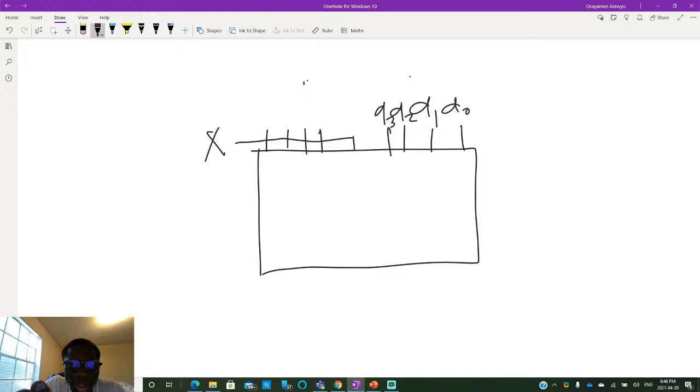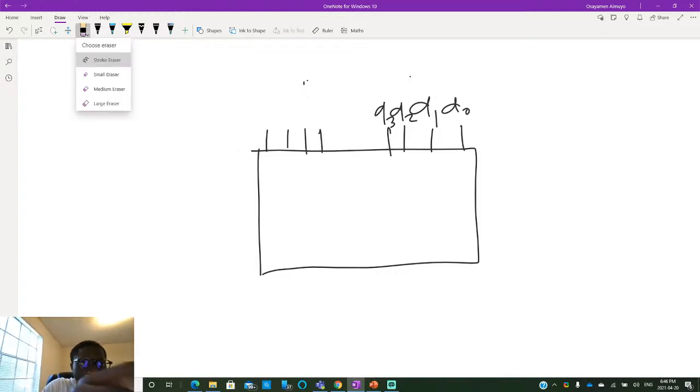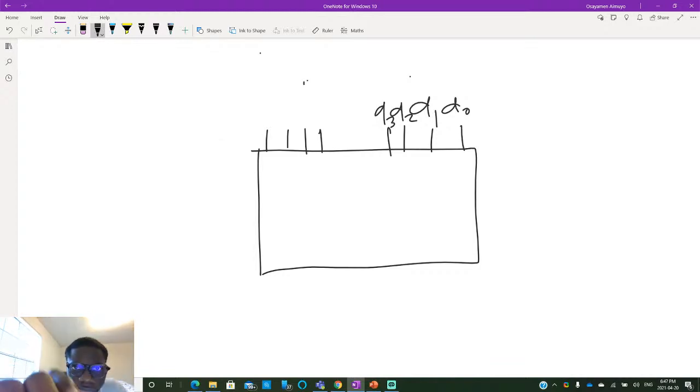That did not work, did it? I'm definitely going to need more space than I thought, or I could just draw smaller gates.